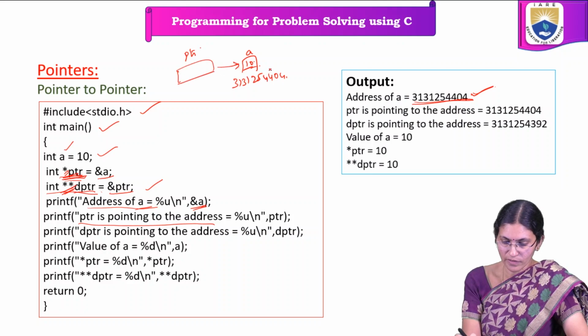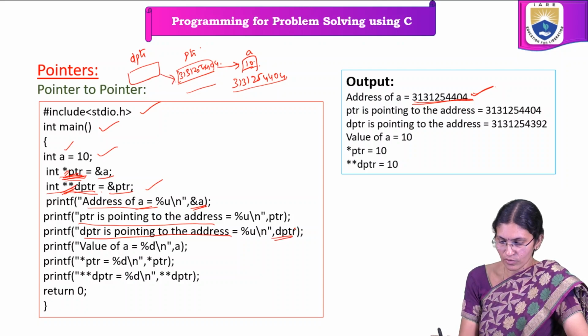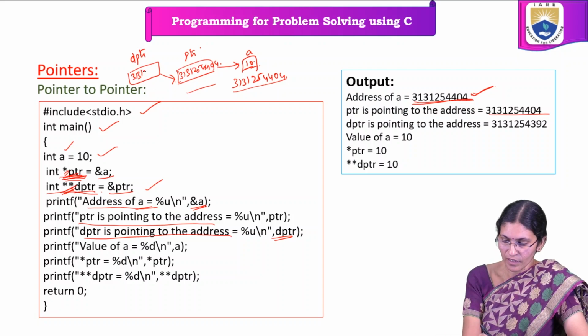PTR is a variable which is storing the address of A. PTR is pointing to this, which means it will store the address of this, 3131254404. PTR will have its own address. Now DPTR is pointing to the address 3131254392.